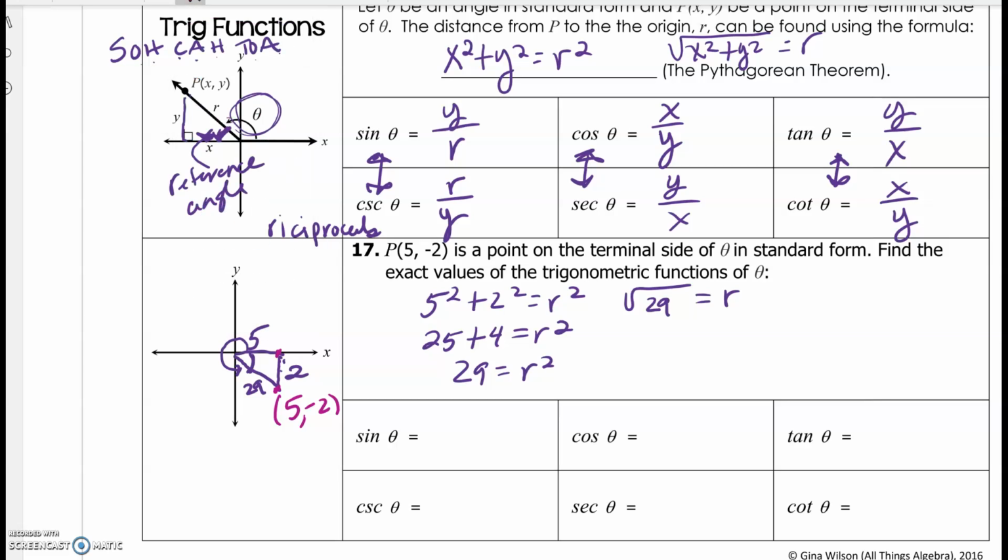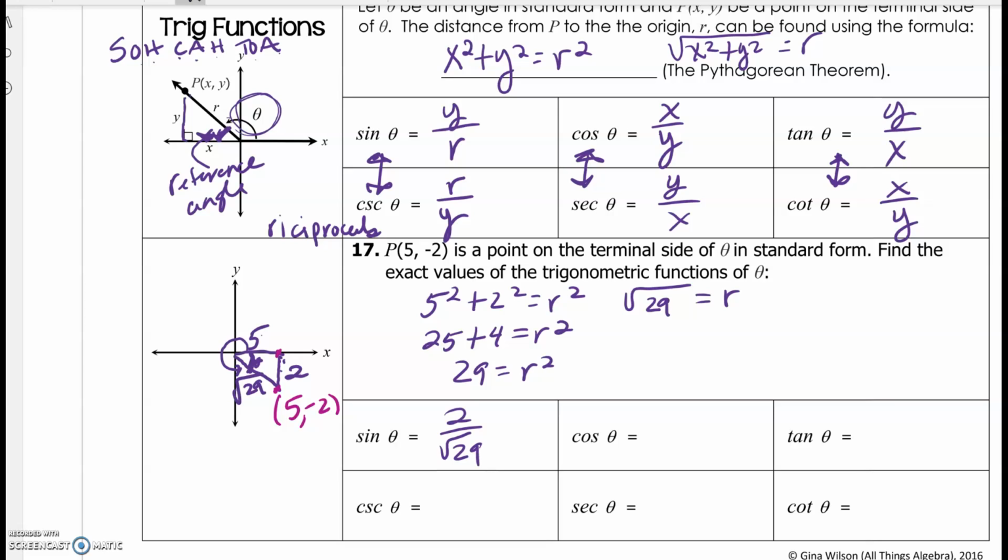Okay, so let's find the sine. So sine is going to be opposite over adjacent. In this case, not opposite over adjacent. That's tangent. Let's start that again. Sine, here's my little reference angle right here. Sine is going to be 2 over square root of 29.